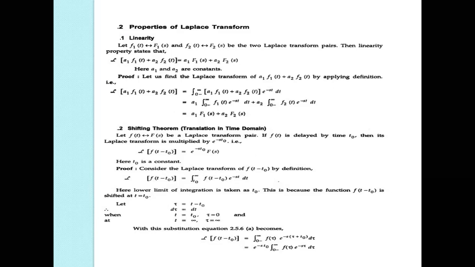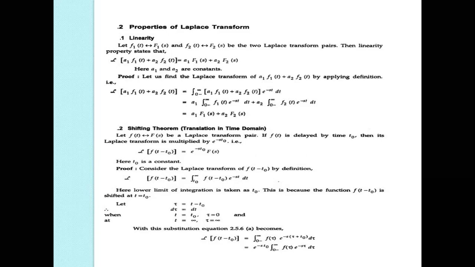Only the definition is changed; the concept is the same. Only the mathematical expression for the Fourier series, Fourier transform, and Laplace transformation is different, but the properties concept is the same.